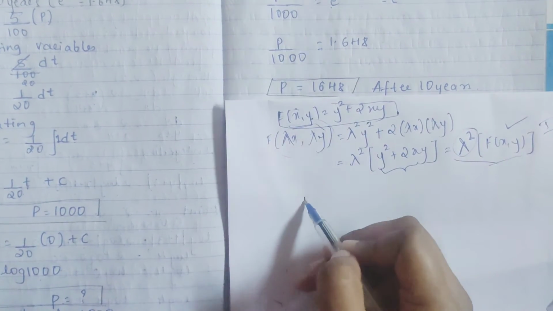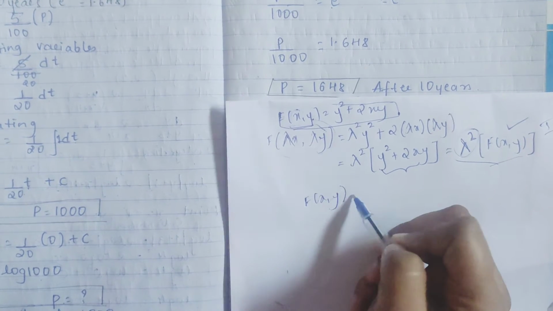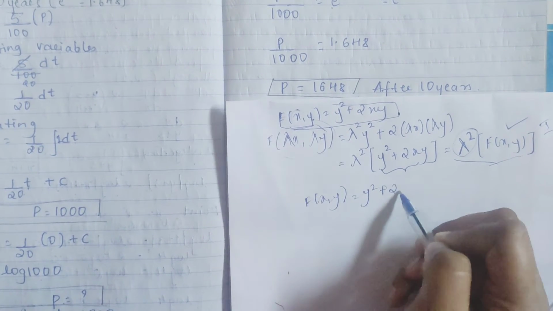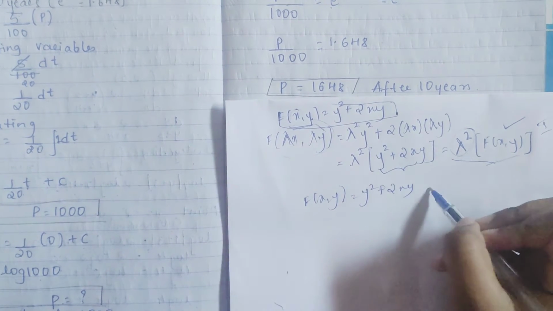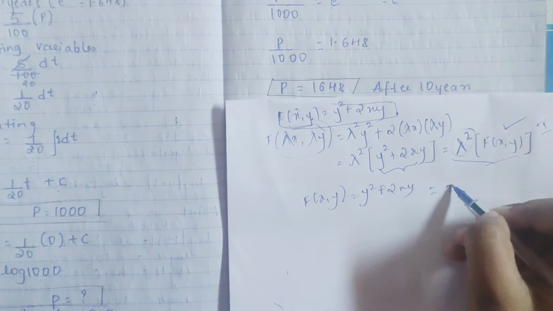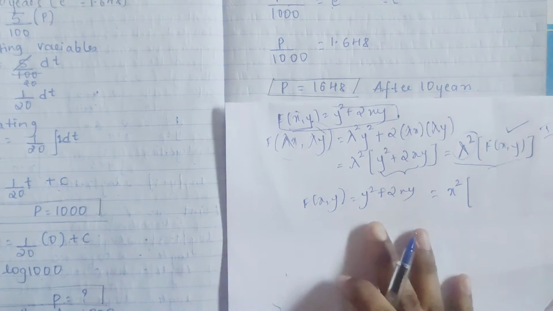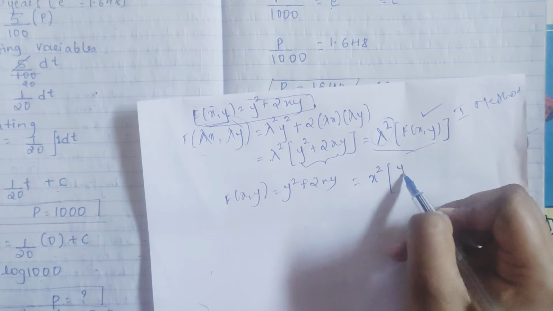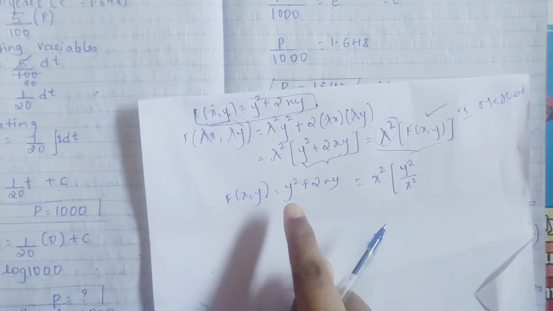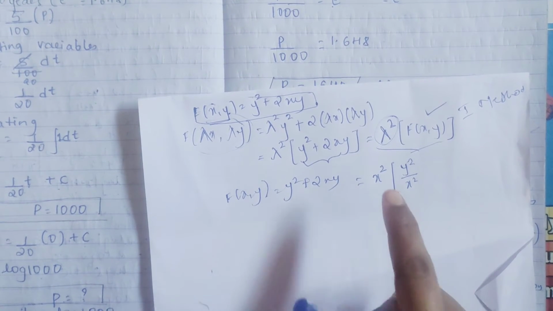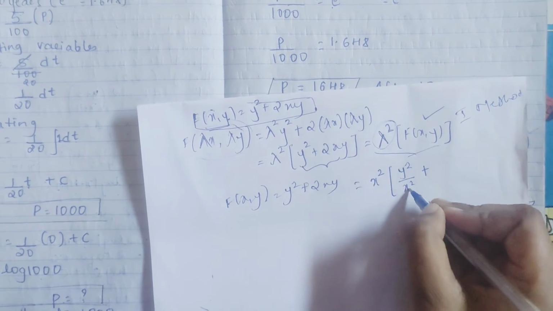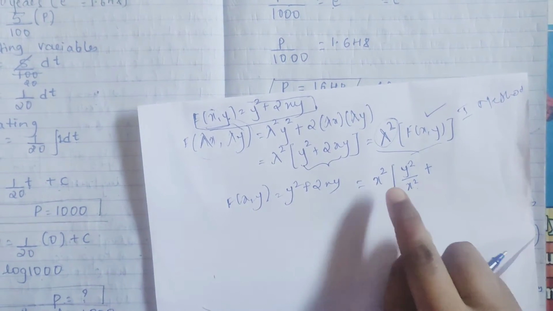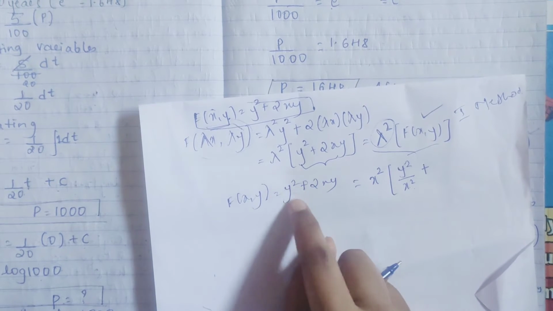Another method: f of x comma y is equal to y square plus 2xy. How can I modify it? I can multiply by x square. If I take x square common, inside it will be y square by x square, because when you multiply you should get the same form.